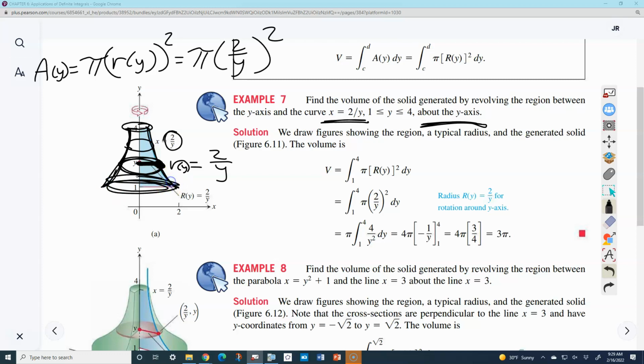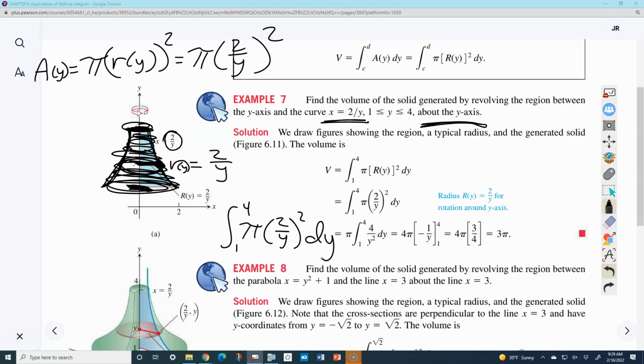This circular cross-section is marching up the y-axis. And it's starting right here at 1 and going to 4. So it's the integral from 1 to 4 of pi times 2 over y squared dy.